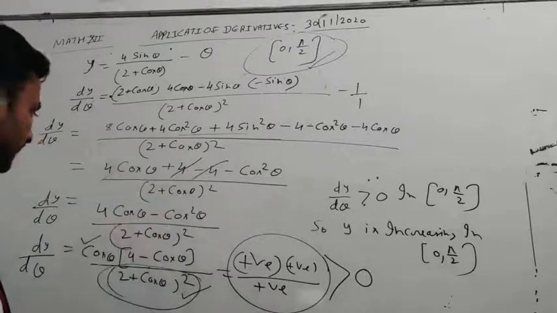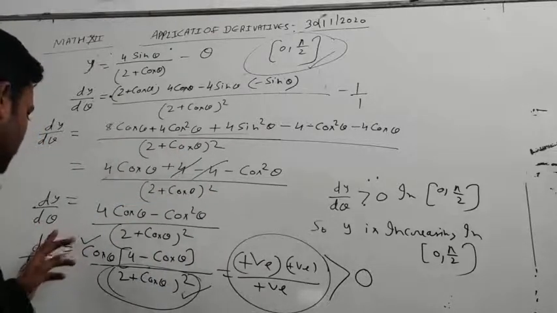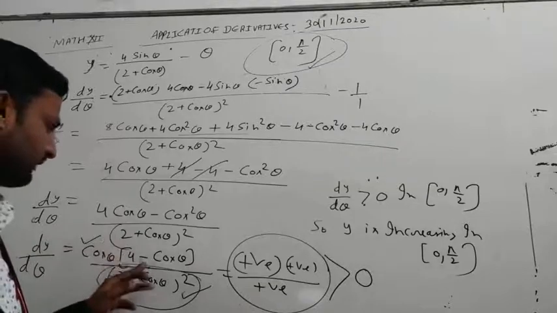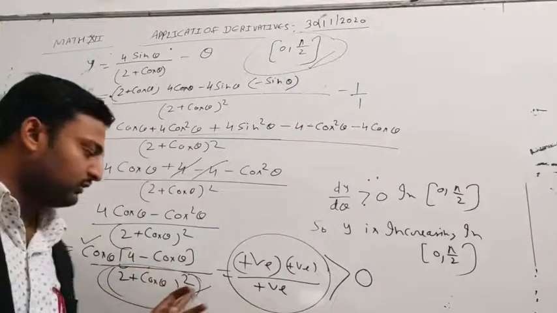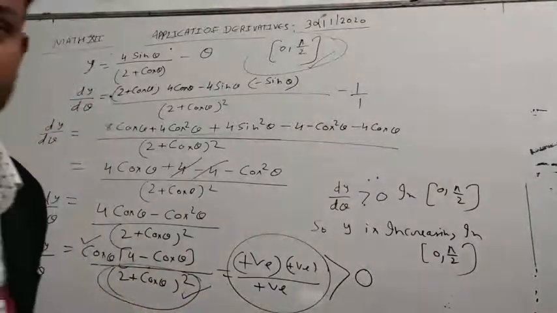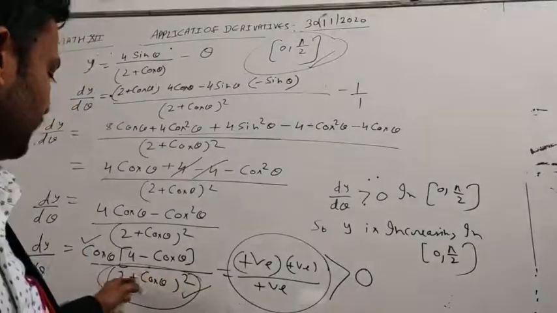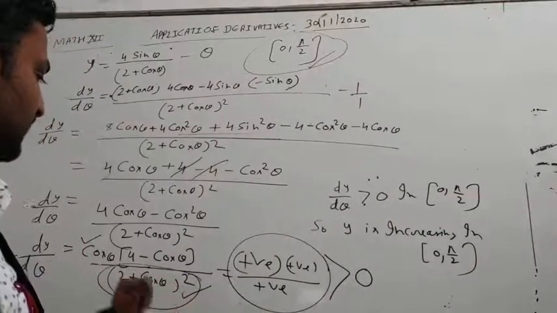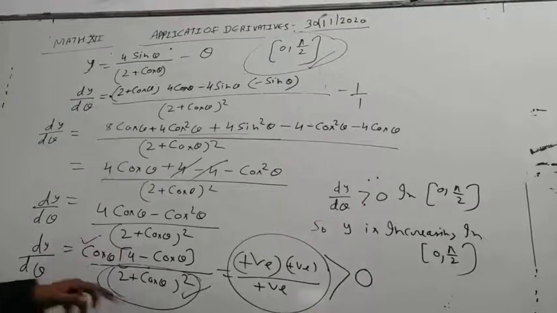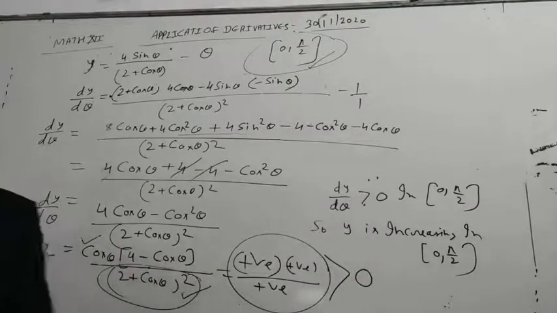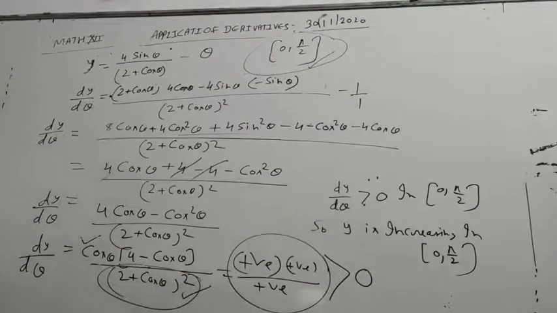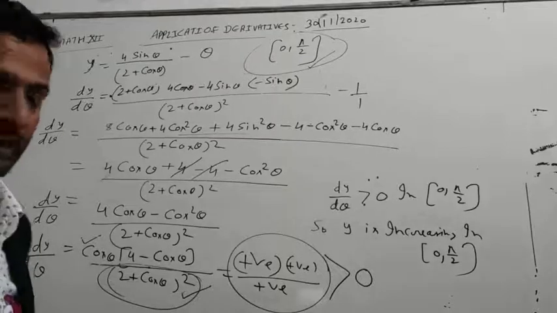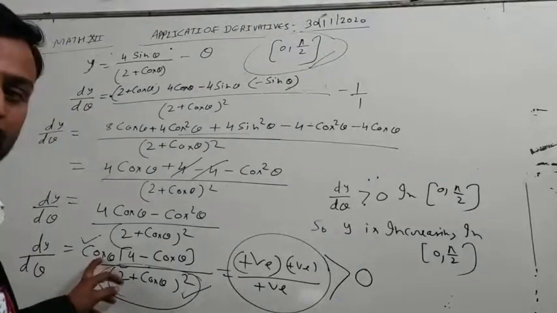After calculation, we are getting our dy by d theta is cos theta 4 minus cos theta upon 2 plus cos theta whole square. Okay, and we are seeing that the whole quantity should be greater than 0, then it will lie in first quadrant. So in the first quadrant, all trigonometric functions are positive.